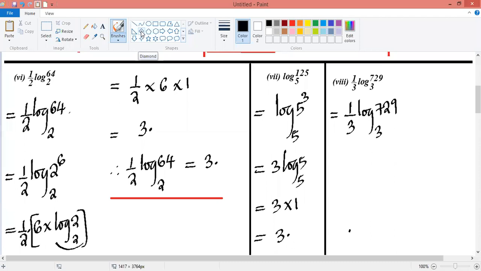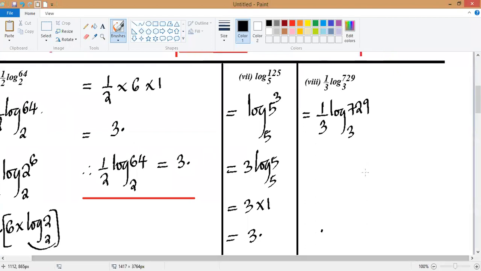That 729 should be prime factorized using that 3 for you to be safe. Use that 3 to prime factorize 729. You can use the approach of the ladder.